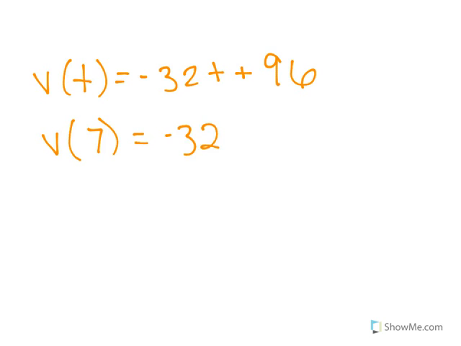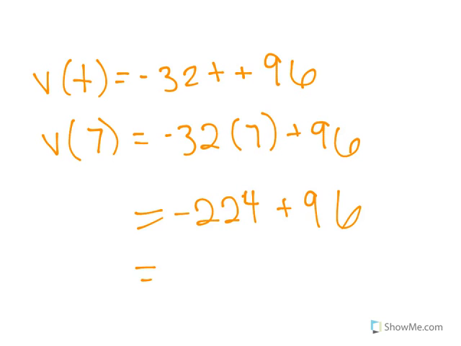That's negative 32 times 7 plus 96, which is equal to negative 224 plus 96, negative 128 feet per second.